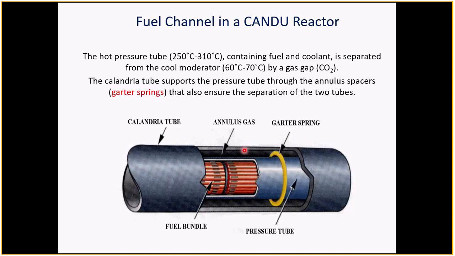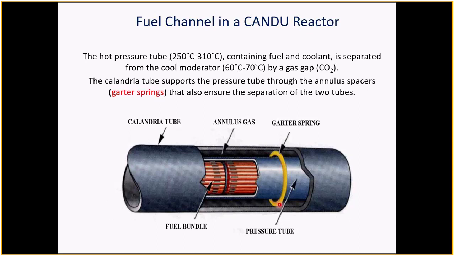But there was a contact between the pressure tube and the calandria tube, and hydride precipitation formed, and eventually the whole thing burst apart. And there was this loss of coolant accident, something that's much to be feared in the nuclear industry. That happened.